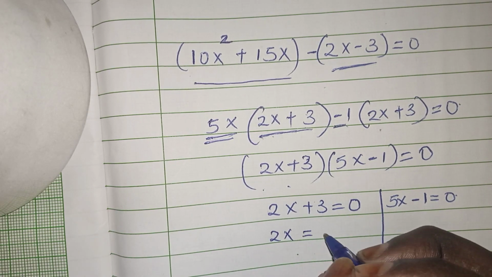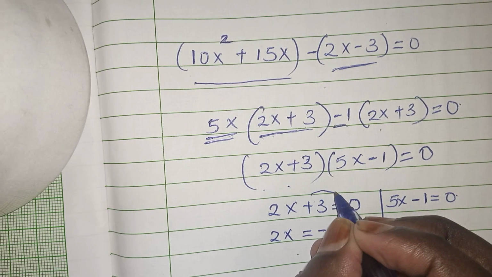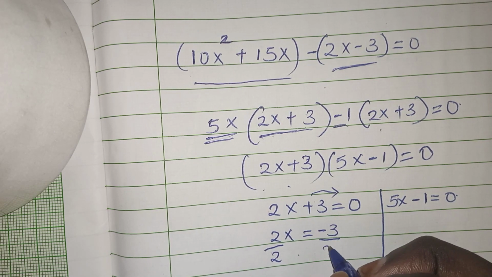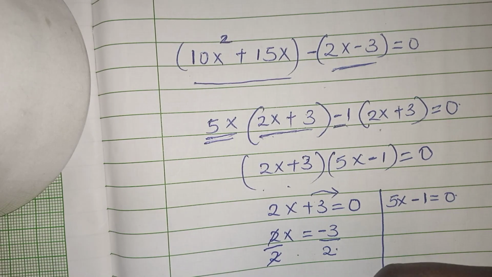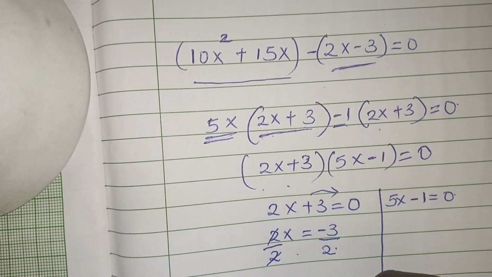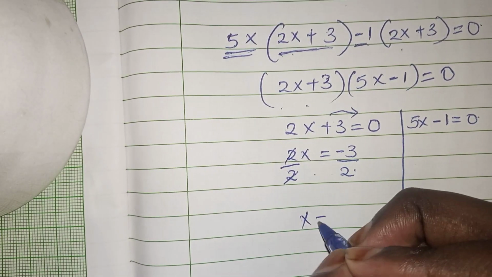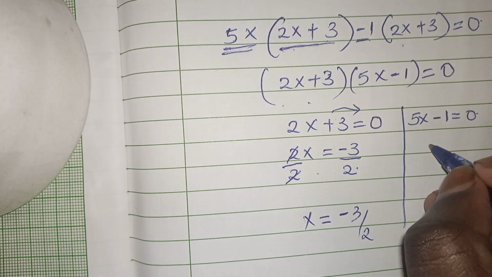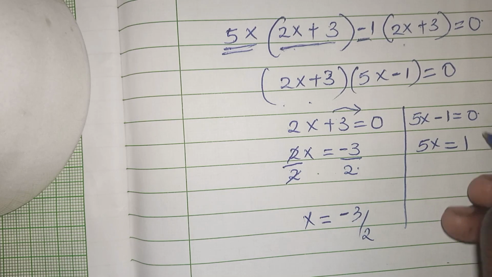2x equals negative 3. Taking this positive 3 to this side becomes negative. Divide by 2 on both sides. 2 will cancel. x equals negative 3 over 2. And on this side, 5x equals 1.